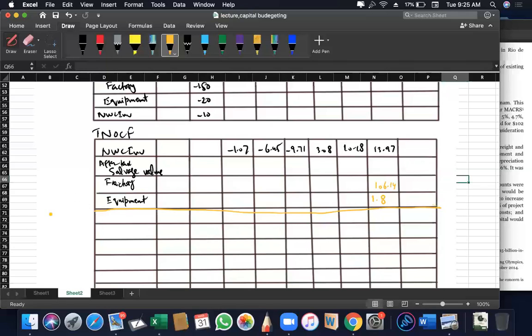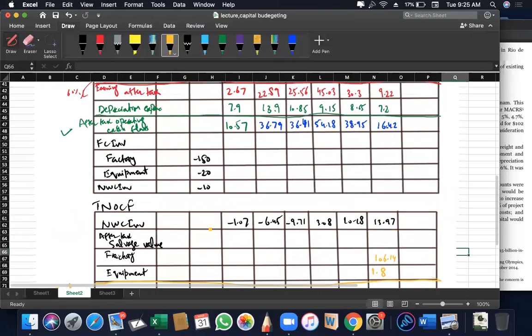Now if you add, you will get the project after tax incremental cash flows. So where do you have to start? You have to start from here to here and add the values.